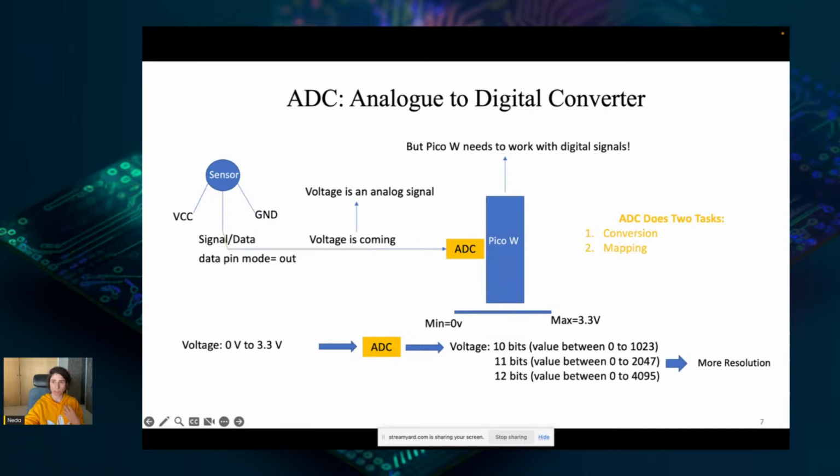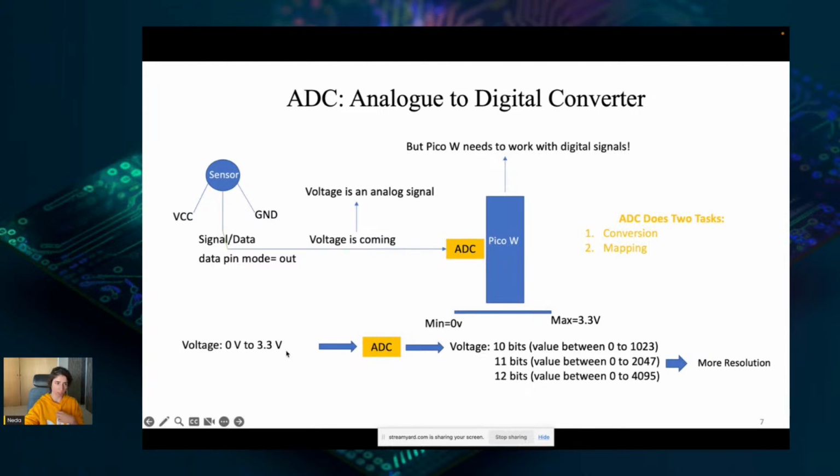So, for example, a 10-bit ADC represents 1024 different values, which is 2 power 10, while an 11-bit ADC can represent 2048 different values, which is 2 power 11, allowing it to capture more detail and provide a more accurate digital representation of the analog signal.